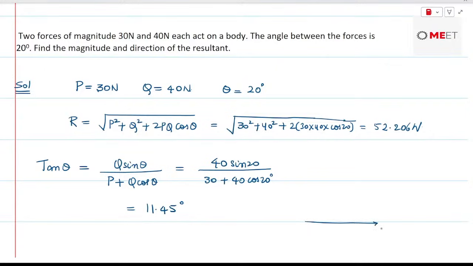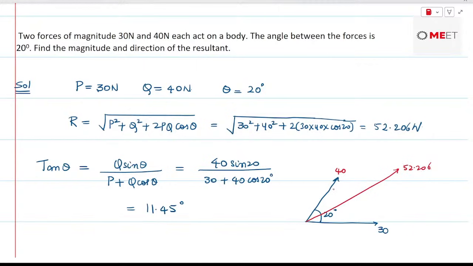30 Newton was taken as horizontal and 40 Newton was kept at an angle of 20 degrees. Now that the resultant has been estimated, the resultant will be closer to 40 Newton, and that is 52.206.